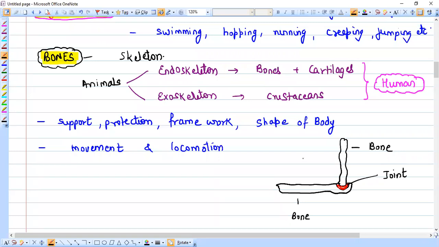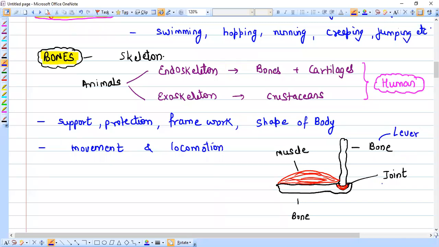Basically what happens here, your bone is not free, it has muscles. So I take it in this way now. This is the muscle that is present on the bone. Let's take this to be your bicep and tricep muscles in this way. So this is a muscle. Now this is the muscle, this is the bone, and this is the joint. The most important word that you need to understand in any kind of movement or locomotion: the bone is going to act as a lever.